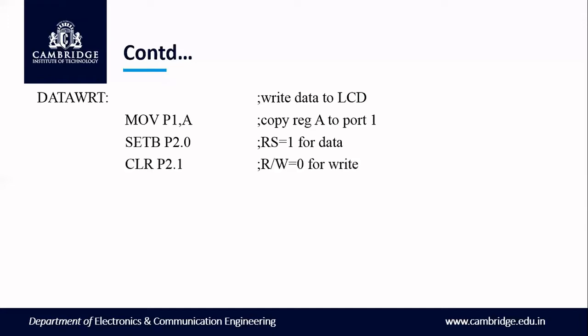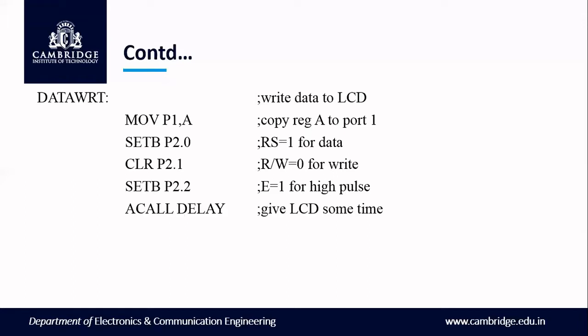So clear P2.1, you are doing a writing operation, and you are setting P2.2, you are enabling the LCD for displaying this character. Then call delay, wait for some time, then clear P2.2 for the next round, next return. So it will go back to the main program and the instruction following this call subroutine will be executed.